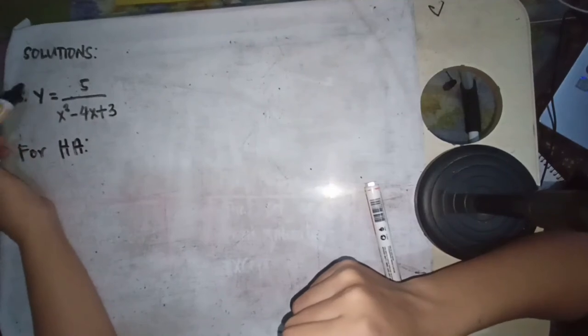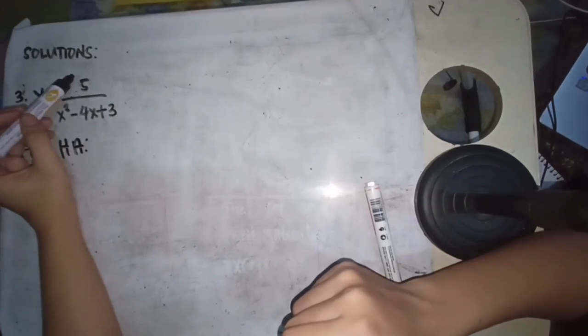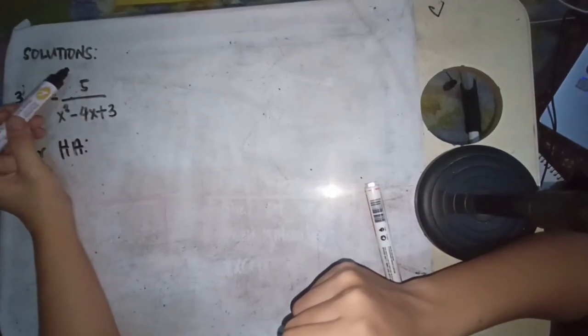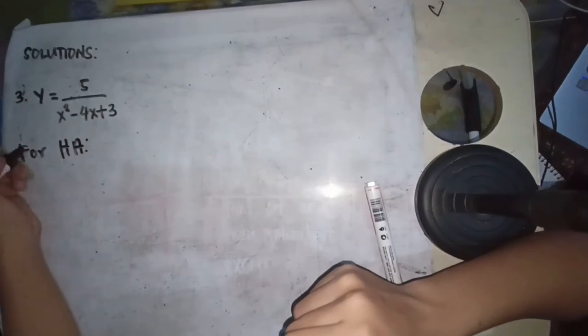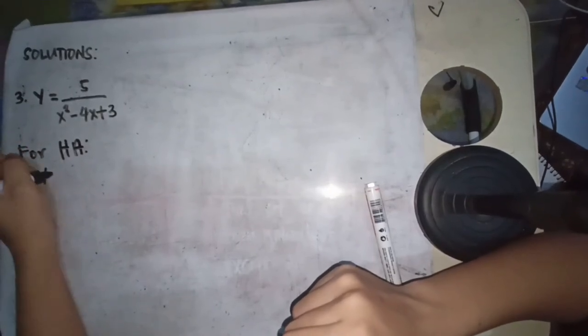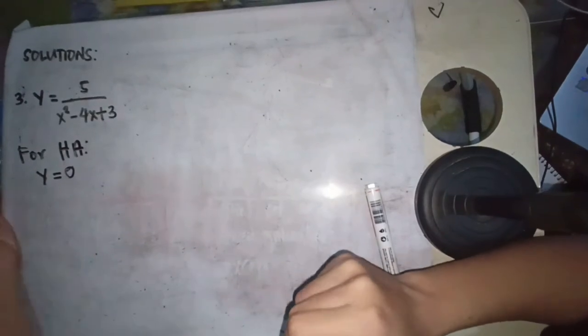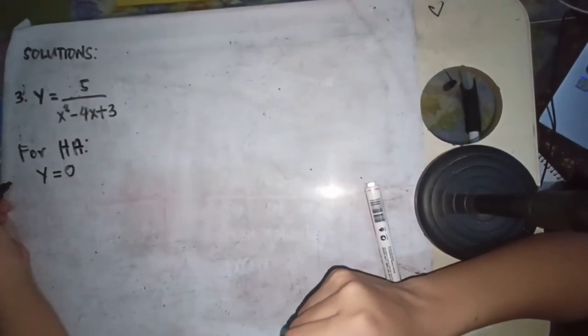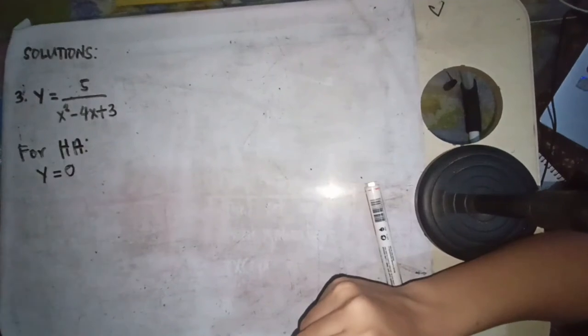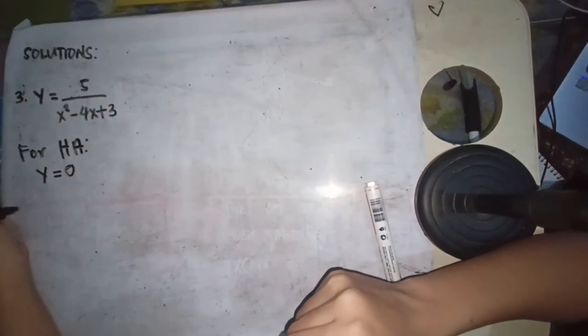In this case, the degree of our numerator is less than the degree of our denominator. Therefore, our horizontal asymptote is y equals 0. Since we have our horizontal asymptote, we can now determine the range of our rational function.